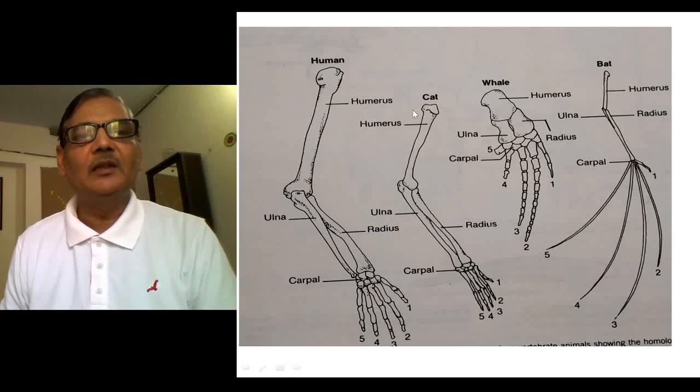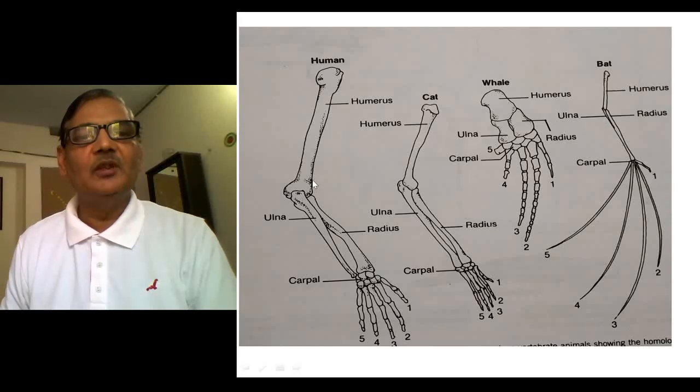Mammals might have evolved from some reptile, but then they got distributed in different areas of the world and were adapted to live different kinds of life. Accordingly, they showed modifications in their forelimb, and that is why such structures, the forelimbs in these mammals, could be considered as homologous organs.